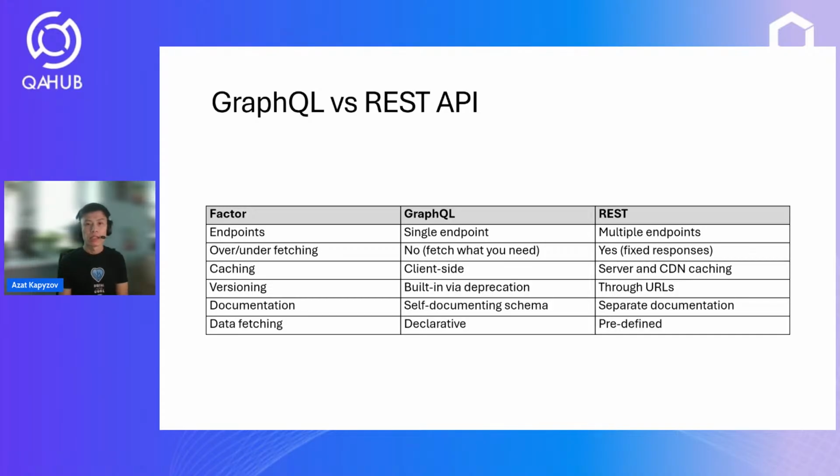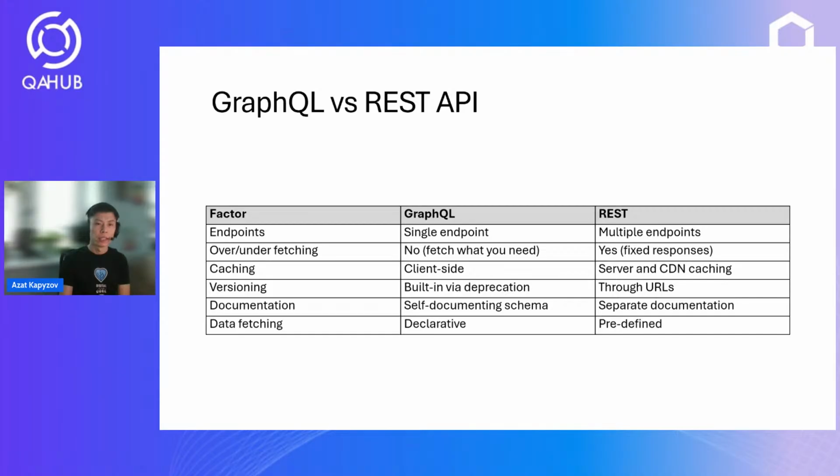As I demonstrated before, in the query, we specify what data we need, like name, age, etc. But in REST API, we will have some, not issues, but moments with over or under fetching data because our response is fixed on the server. As for caching, in GraphQL, it's on the client side, and in REST API, it's on the server and CDN.